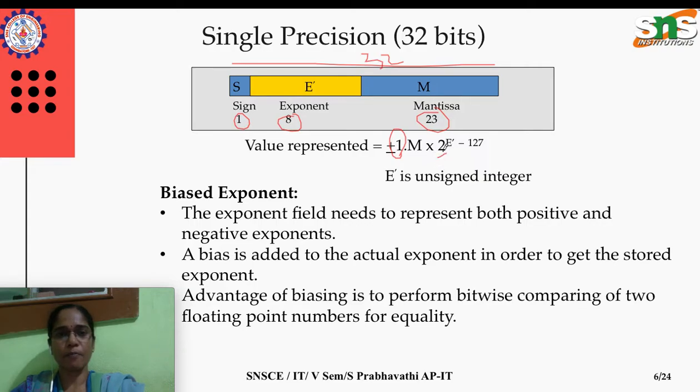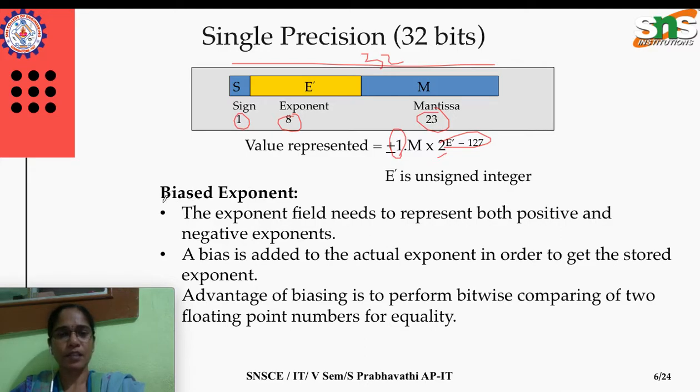Both single precision and double precision work on base 2, and 2 to the power E dash minus 127. E dash is the biased form of the exponent, and minus 127 I will explain now, in the next slide and this current slide.